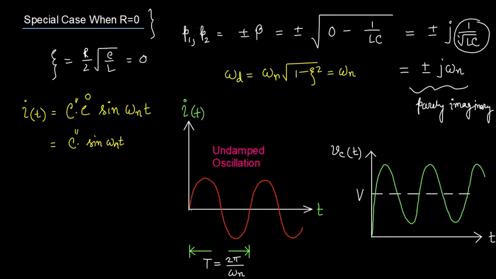Let us write down the expression of VC also. VC(t) also has two parts. One is the complementary function, similar to the current, say V0 times sine omega n t, plus the steady state part V.